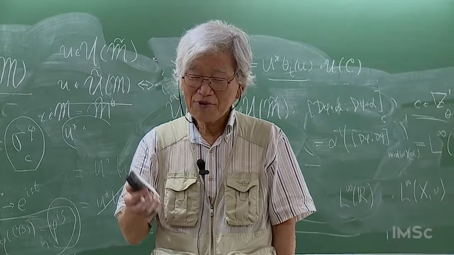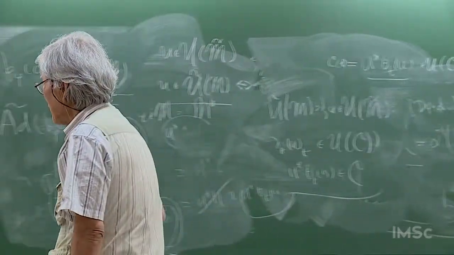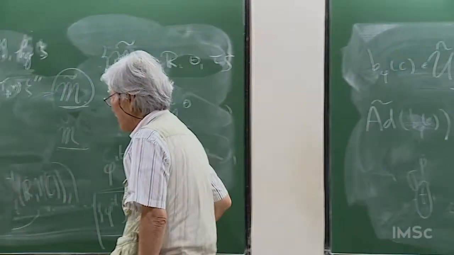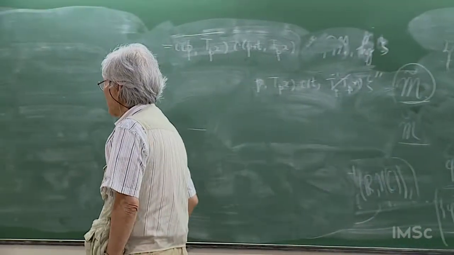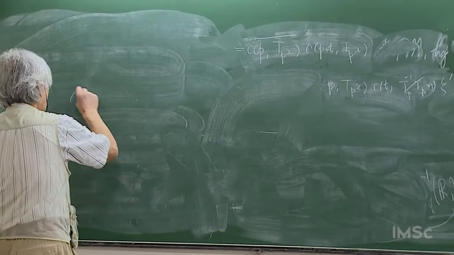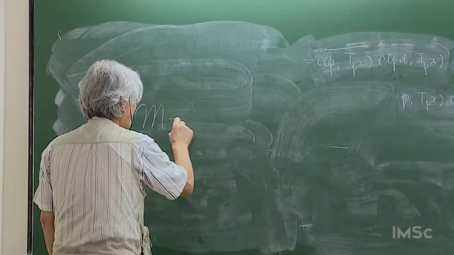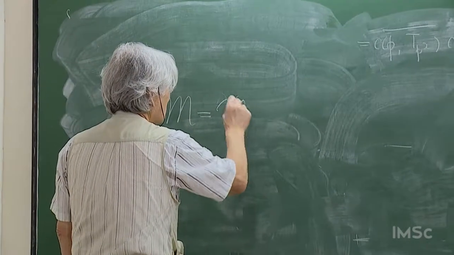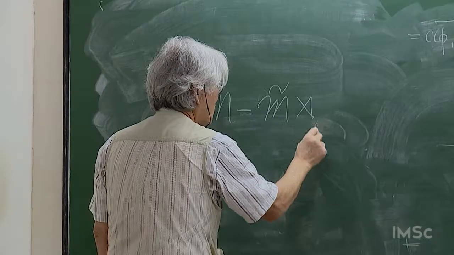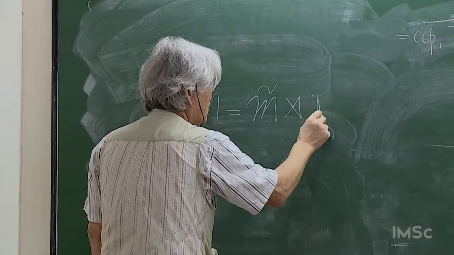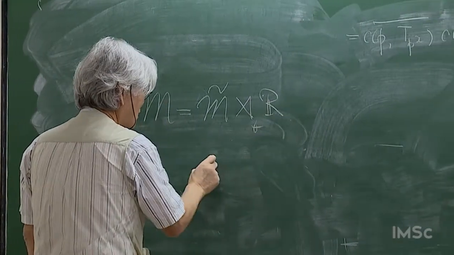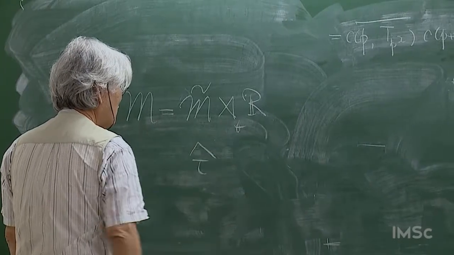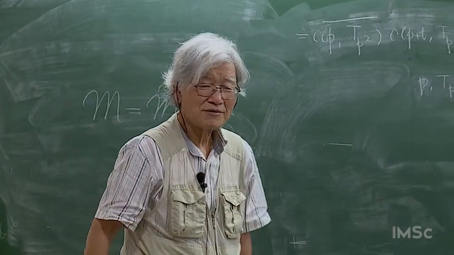That's because when we work around myself, we considered M as M tilde, and we have control over tau hat.